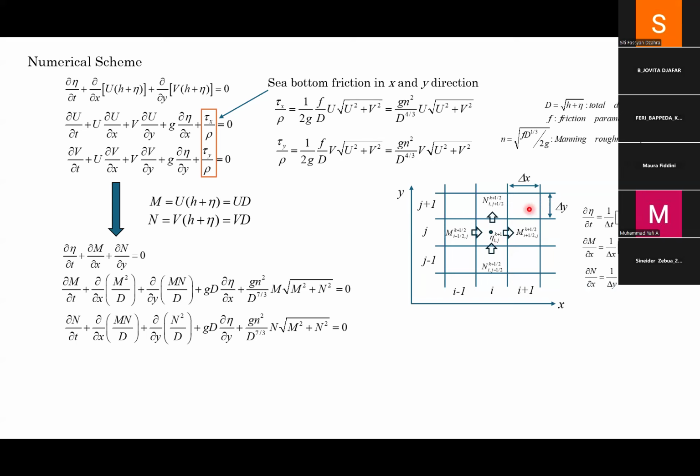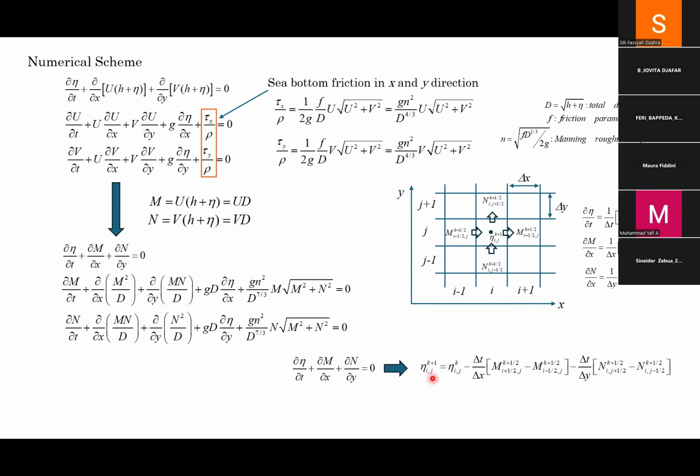For example, this is the mass conservation equation. This equation is discretized in time and space.